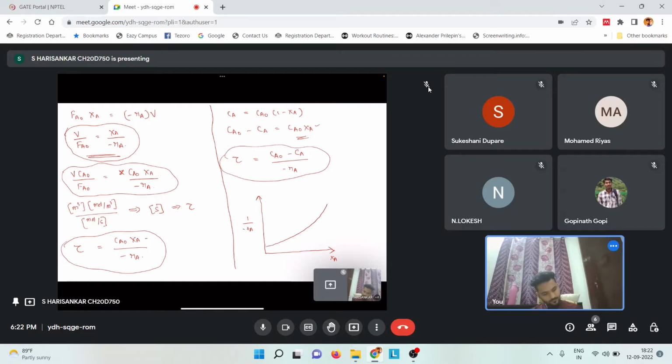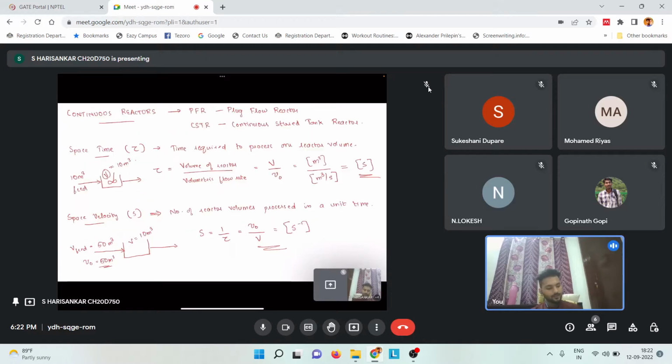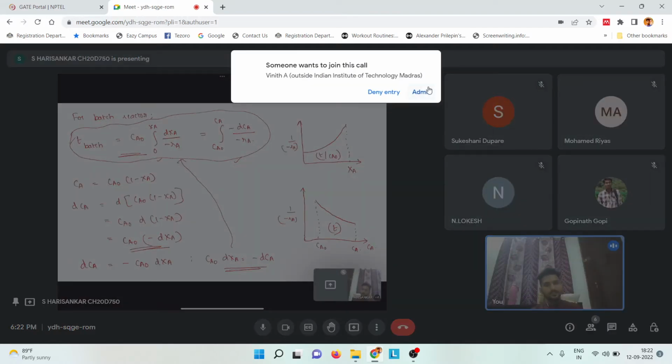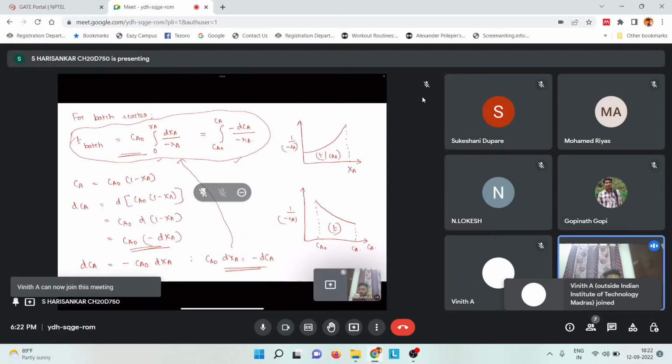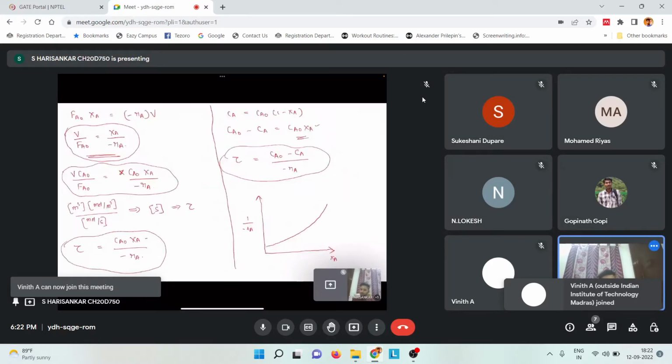So we'll get the operating curve like this. Now the area under this, the area covered by this curve. Previously when we looked at batch reactor, it was the area under the curve. But when it comes to CSTR, it is the area covered by the curve.